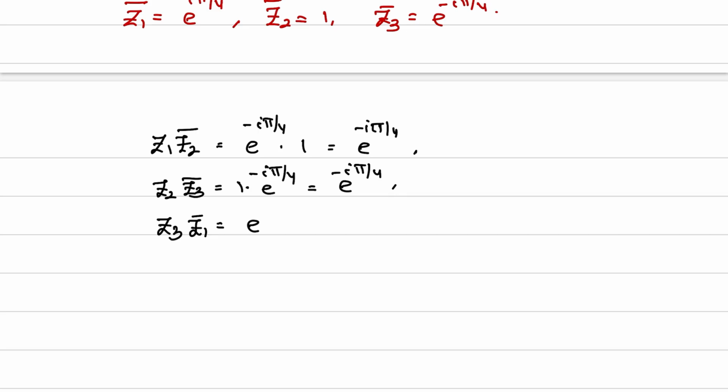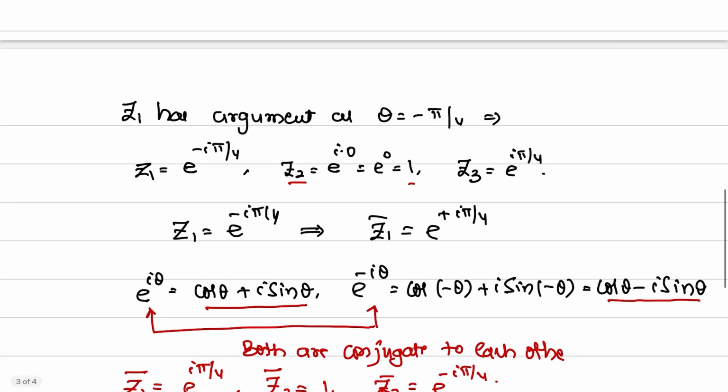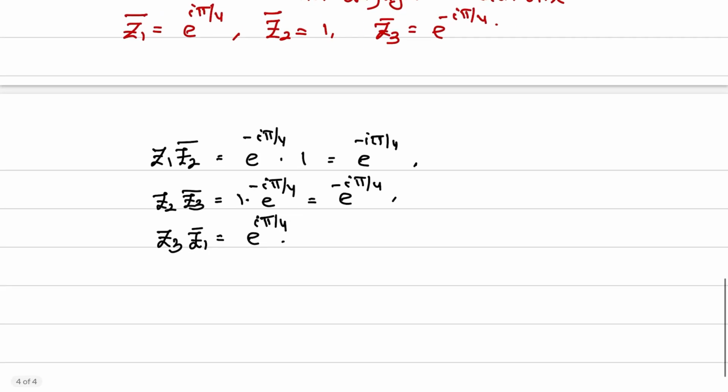Now, Z3 is e to the power of I pi by 4 into Z1 bar. What is Z1 bar? E to the power of plus I pi by 4.